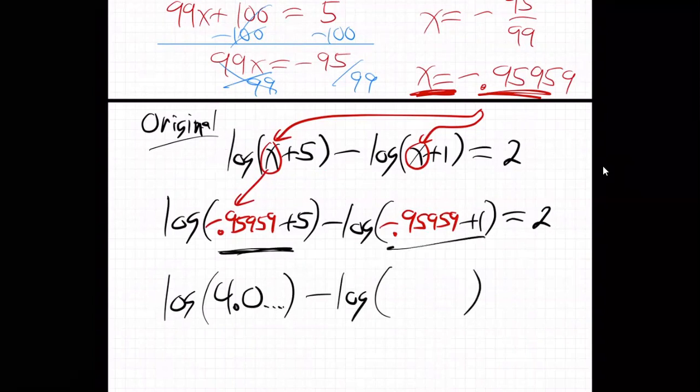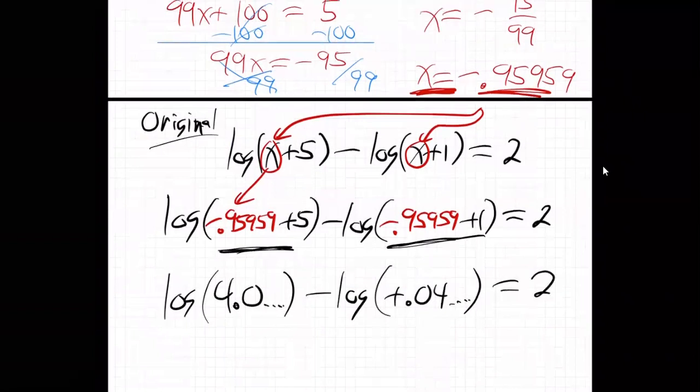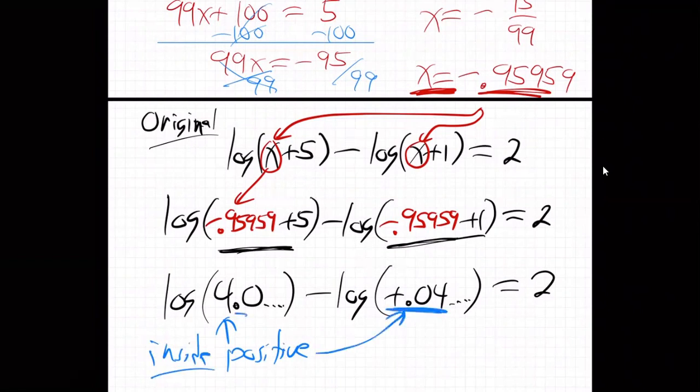And what is this? 1 minus 0.9, so this is going to be positive 0.0-something. So my point is, take a look with me here. The inside is positive in both cases. Do you see how? So this answer is okay.